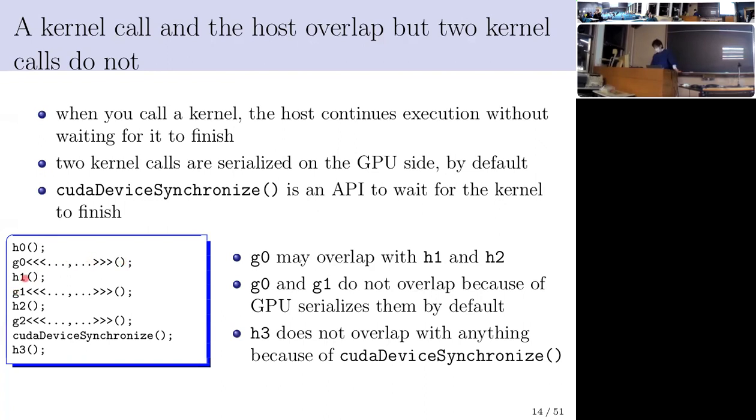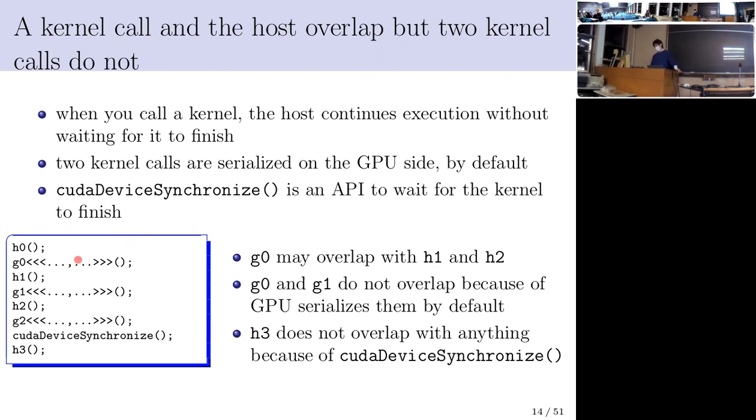But if you subsequently call another kernel, this kernel launch should wait for the prior kernel execution to finish. This is exactly what happens by default. It is sometimes important when you measure the performance of computation.